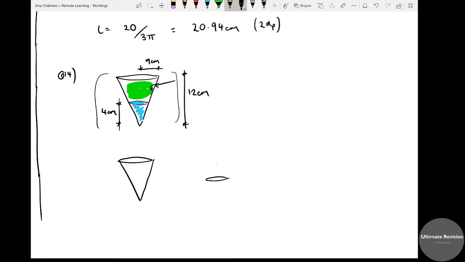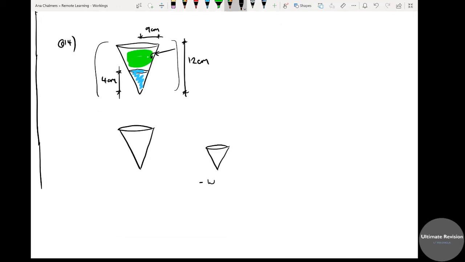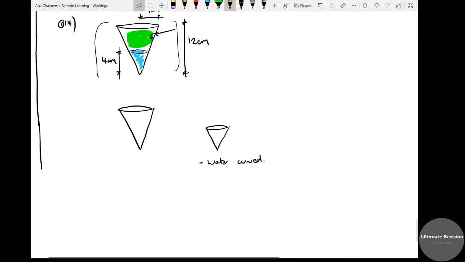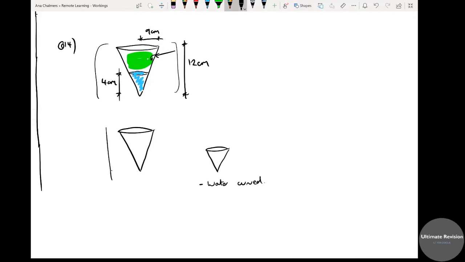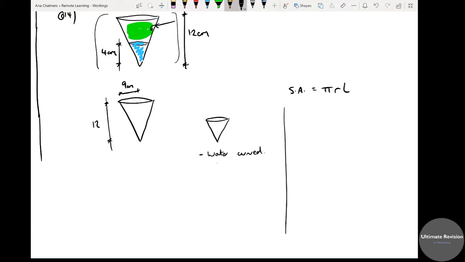So if I minus the curved surface area of the water, then I should be able to get it. Now, remember the formula for the curved surface area is pi r l. L, not 12. So if I look at the big one, I need to do a little bit of side working here.